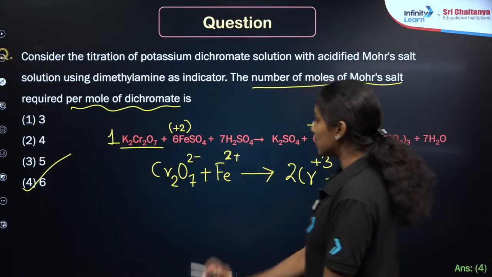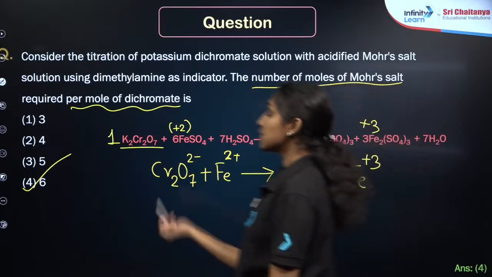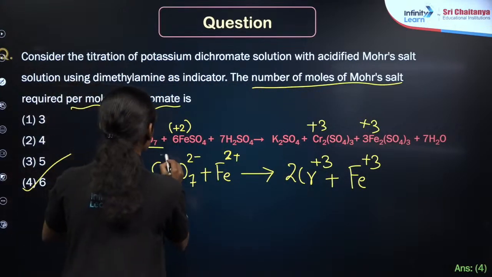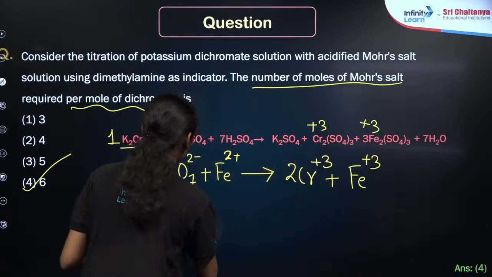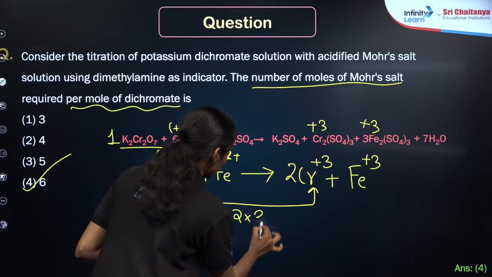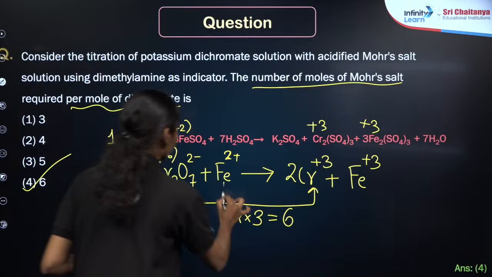If you are familiar with the equation, you can write the equation. Just from the equation only, you can get the answers. Otherwise, you can calculate from the n factor. For example, here it is changing from plus 6 to plus 3, right? Therefore, n factor is equal to, for 2 chromium, 2 into 3, that is equal to 6, right? 6 will be the n factor. Then what about here?